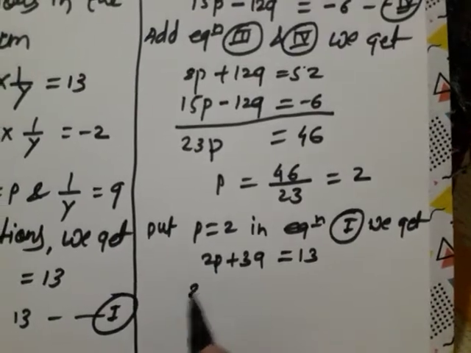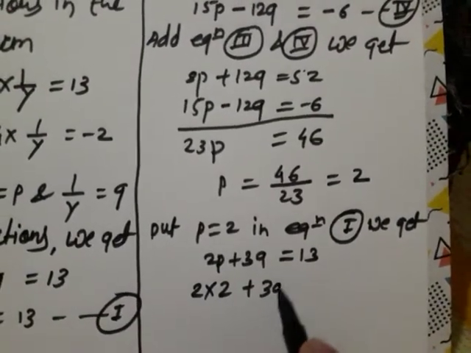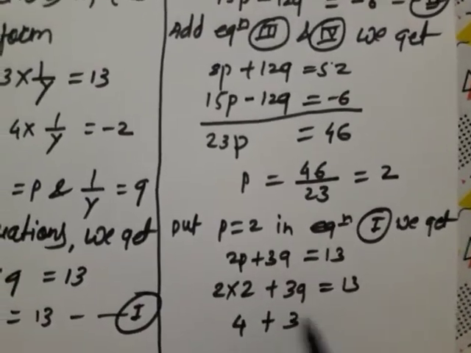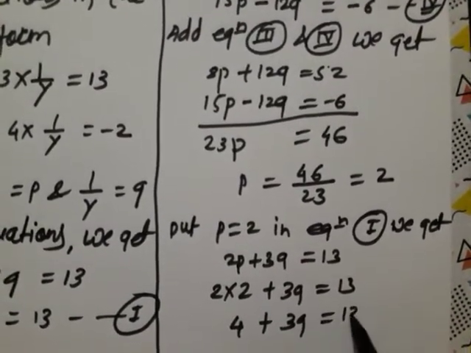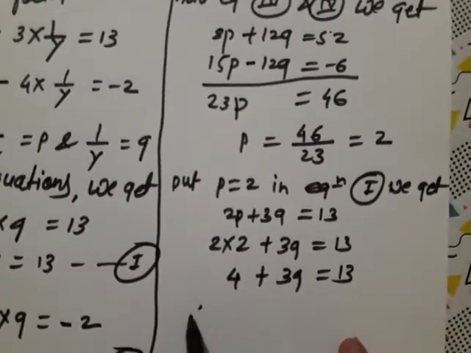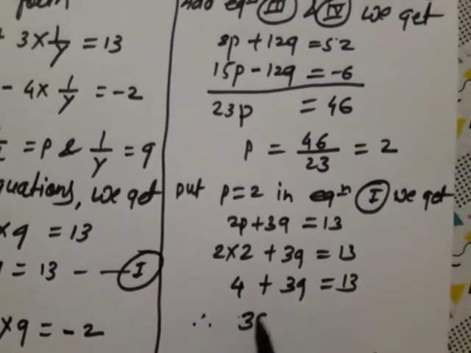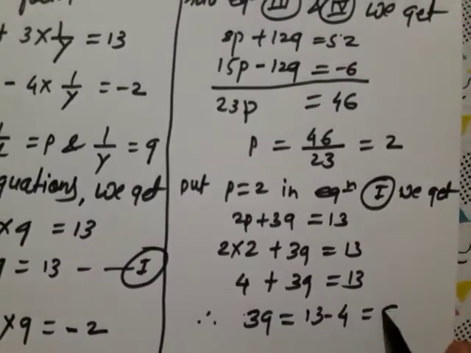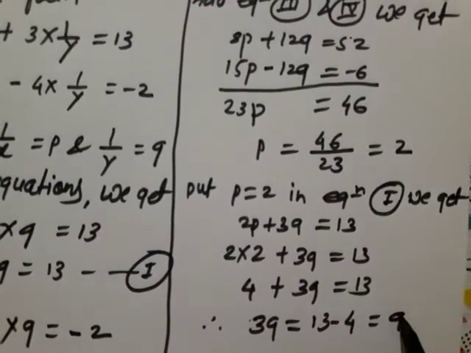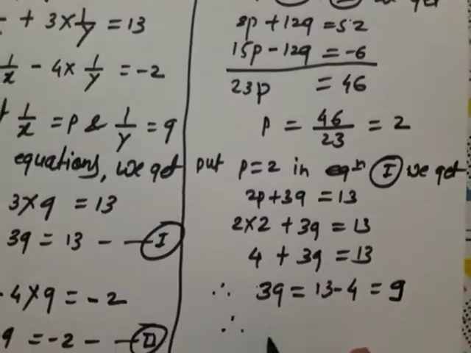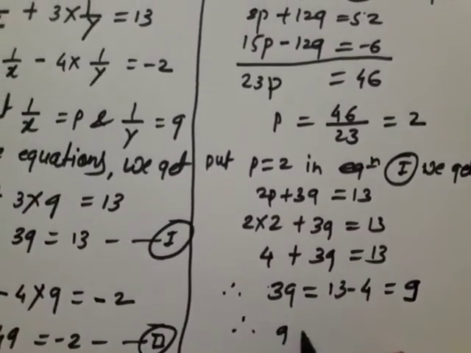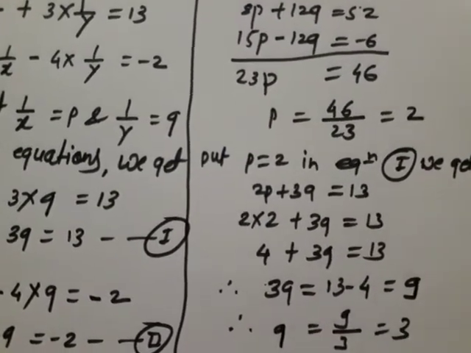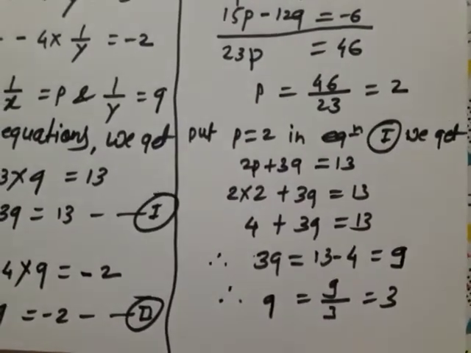Put here p is equal to 2. 2 into 2 plus 3q is equal to 13. 2 into 2, how much? 4 plus 3q is equal to 13. Okay. Therefore, 3q is equal to, transfer this 4, 13 minus 4, that is equal to what we got? 9. We want to find out q. That's why q is equal to 9 divided by 3, that is equal to 3. What we got? Q is equal to 3.